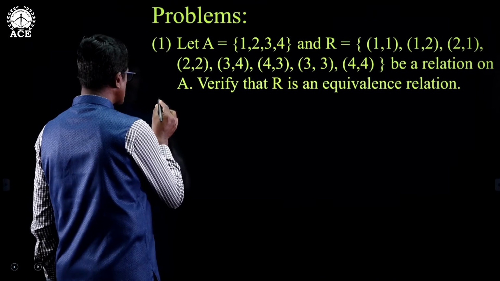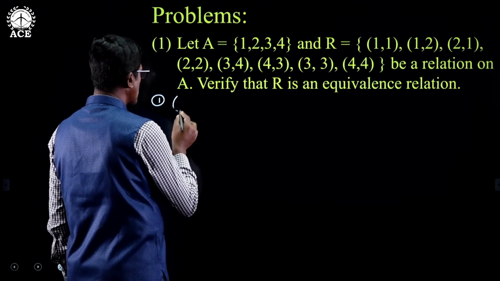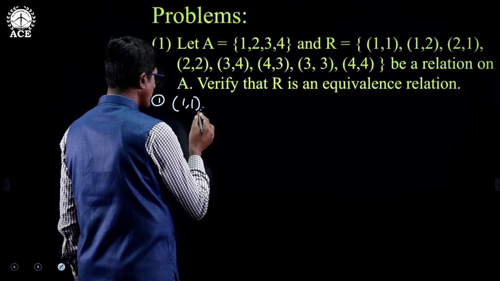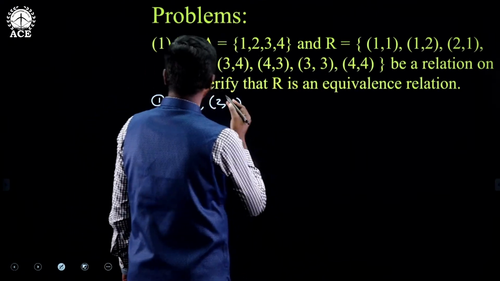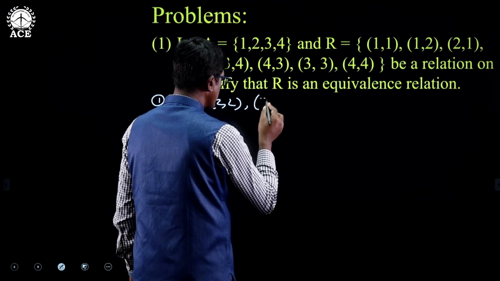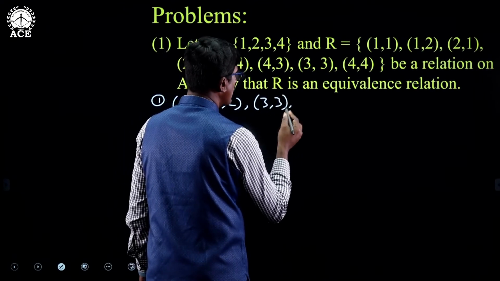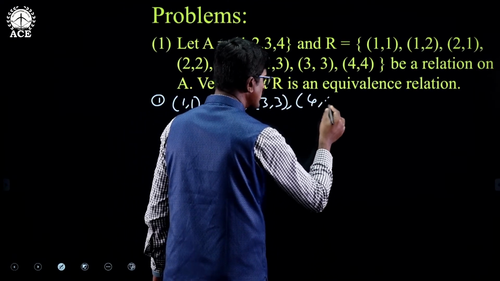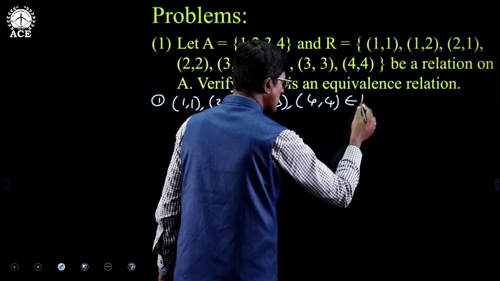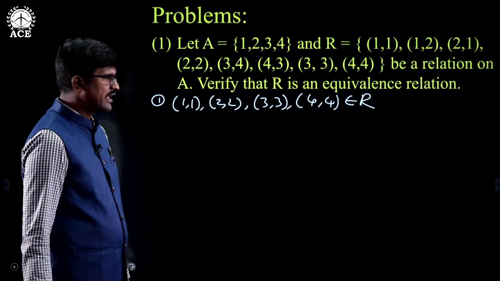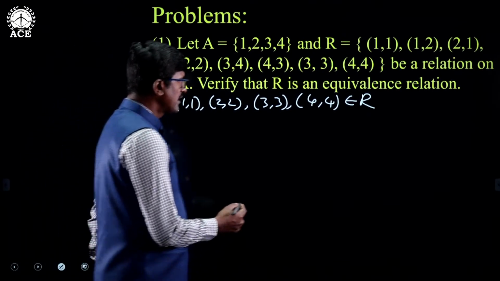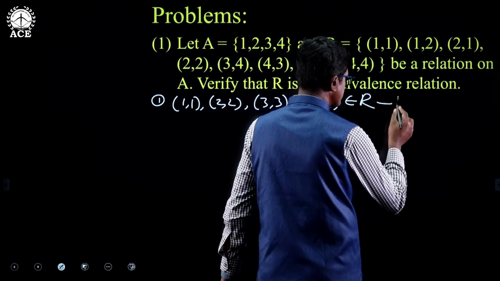So here, (1,1) is there, (2,2) is there, (3,3) is there, next (4,4) is also there. Therefore, it is reflexive.